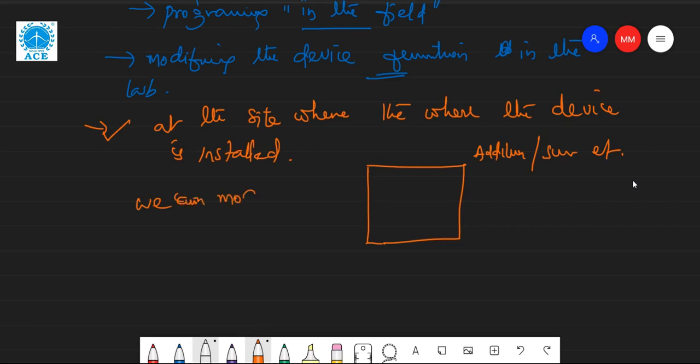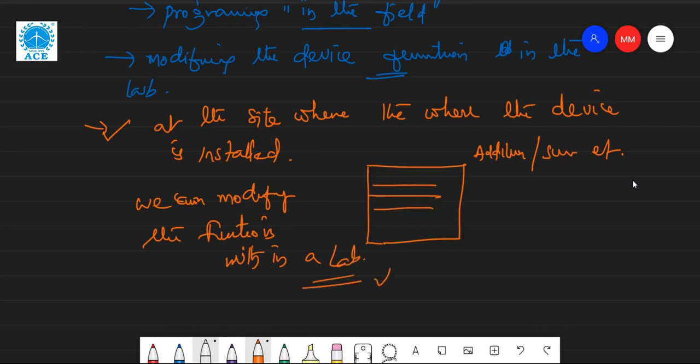We can modify the functions or logics within a lab or within a device. So we can modify, very simple. That is generally called programming in the field.